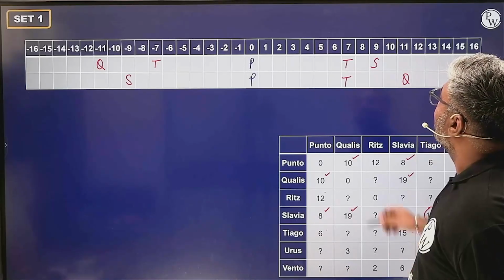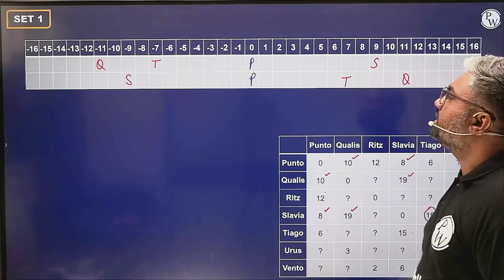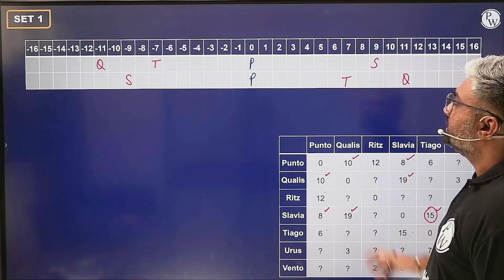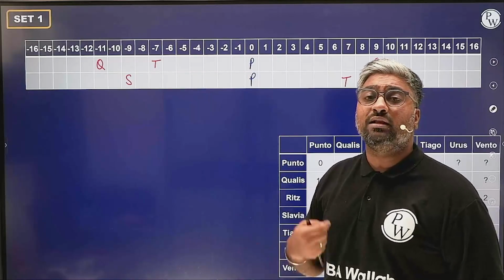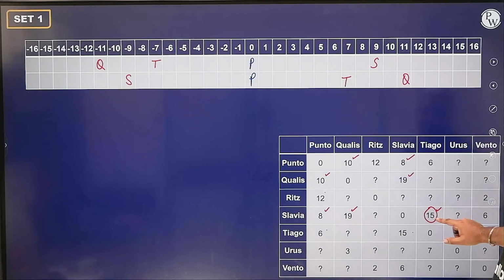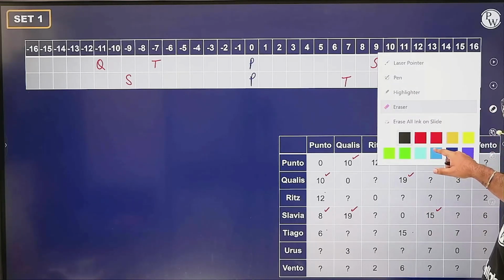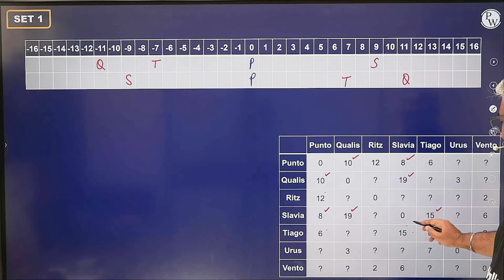Make sense? Same way here, we can't have Slavia and Tiago on the same side. So with the two cases that we started, we are further removing the ones that don't make sense to us. Okay, so 15 is done successfully. Slavia and Tiago, done.